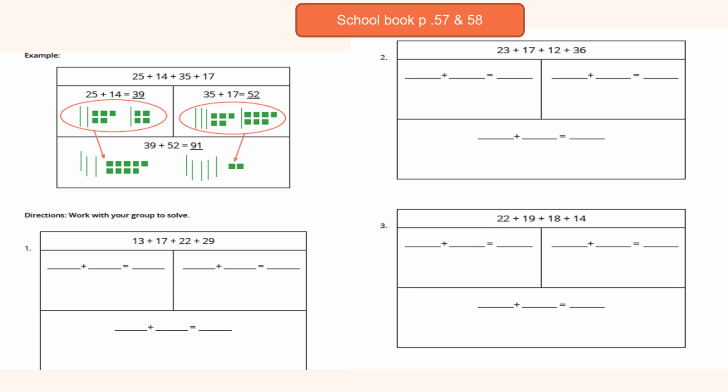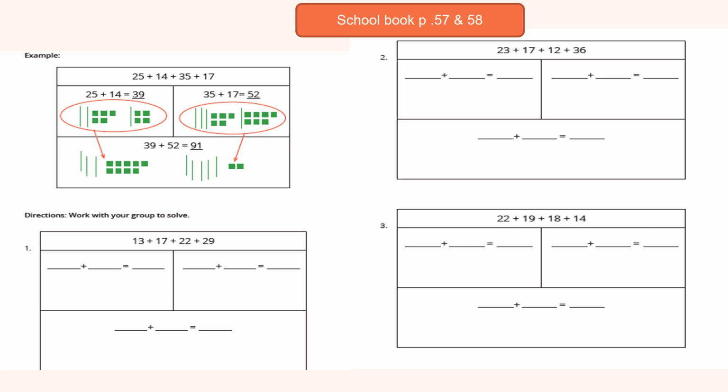Then we will put 35 plus 17 and find the sum. So 35 plus 17 equals 52. And finally we will put the results together. So 39 plus 52 equals 91.